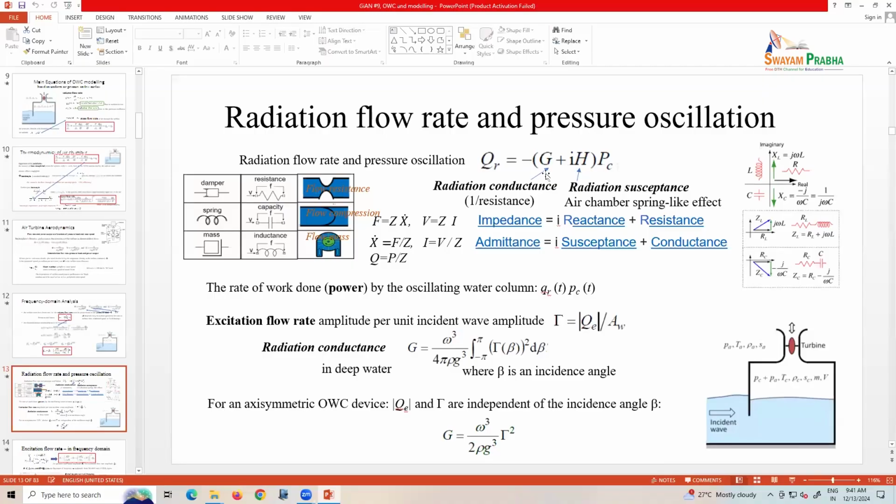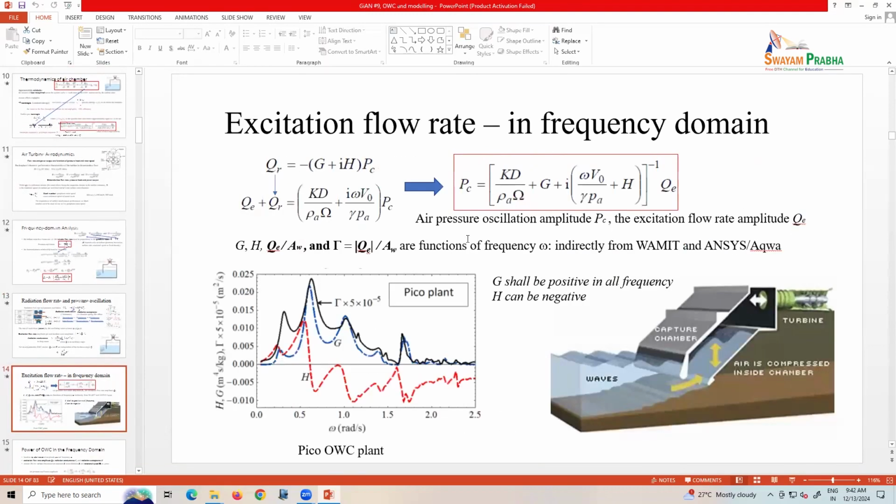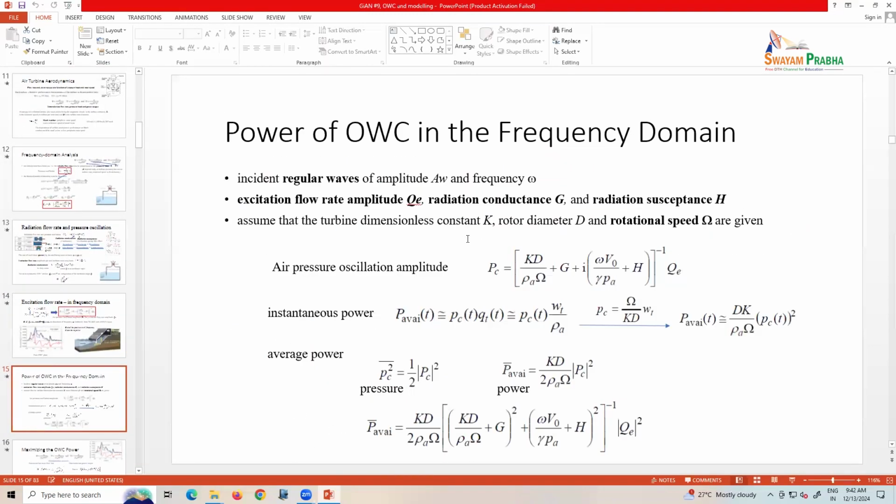The real part we call the conductance, and the imaginary part we call the susceptance. That is similar to what we learned in control systems, with real and imaginary parts. In an electric circuit, for example, you have impedance, with a resistor and an inductor.